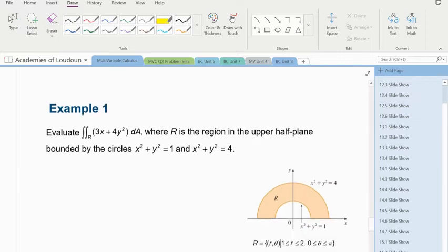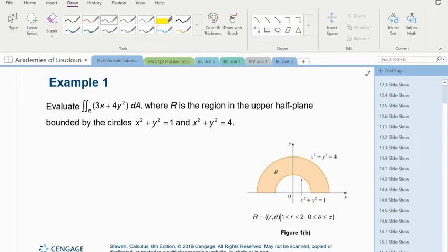So let's go ahead and take a look at example 1. We have the function 3x plus 4y squared dA, where R is the region in the upper half plane bounded by the circles x squared plus y squared equals 1 and x squared plus y squared equals 4. Our first step is to describe the region.